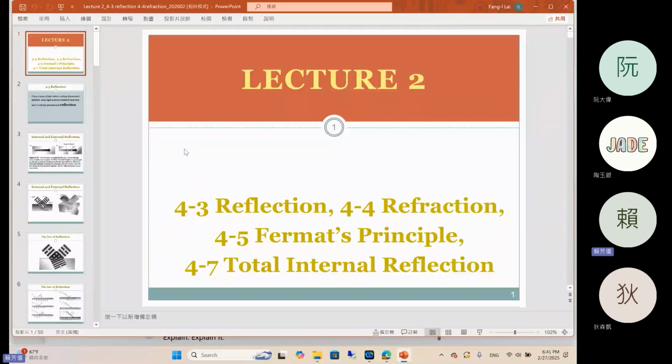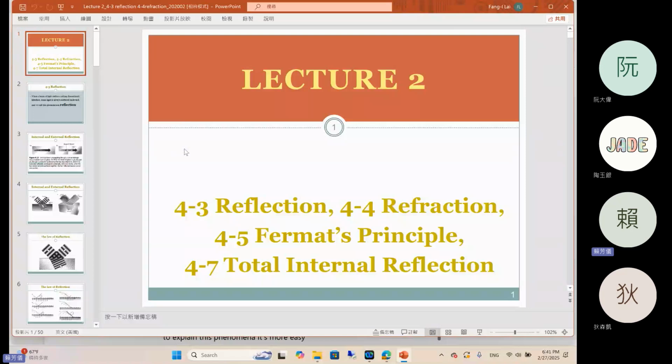If the dimension is much larger than the wavelength, then using geometry to explain the phenomena is easier.